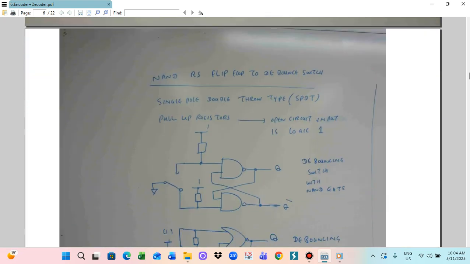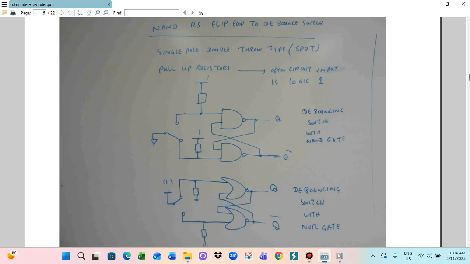So this will be S bar, R bar, and the pull-up resistors. Those resistors are utilized to ensure that the open circuit voltage is logic 1.